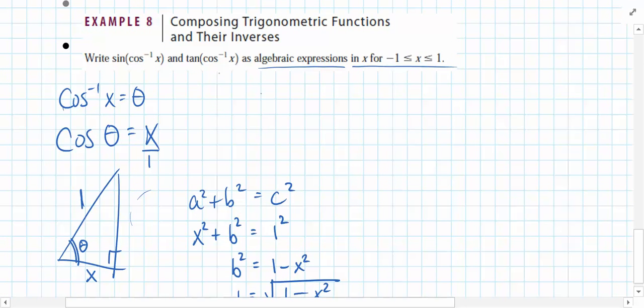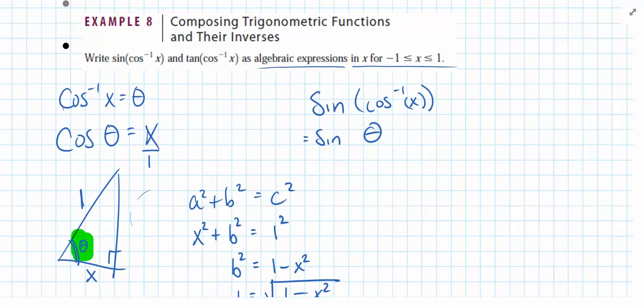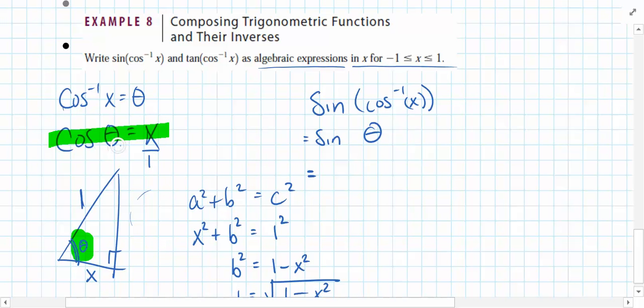Therefore, we can say that sine of cosine inverse of x is equal to sine of some unknown theta, which we actually didn't even need to calculate, in such a way that cosine of theta was equal to x.